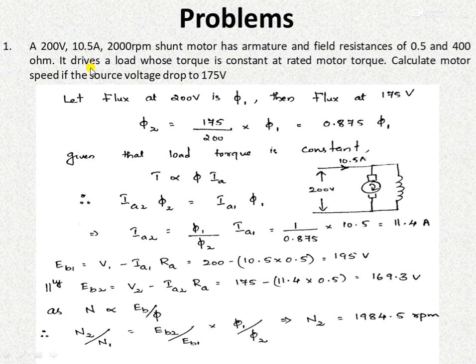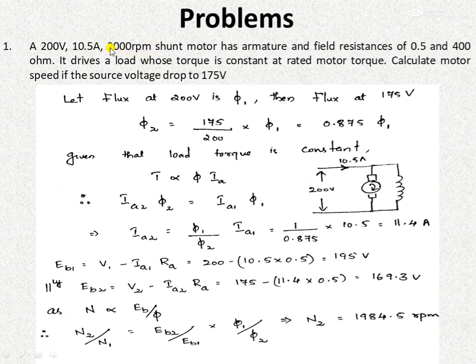Next, we are going to see some numerical problems associated with the basic speed control logic which we have mentioned so far. First, we will see in the case of a DC shunt motor how we are going to solve a numerical problem. Here it's very clearly given that the ratings of the motor are 200 volt, 10.5 ampere and 2000 rpm.